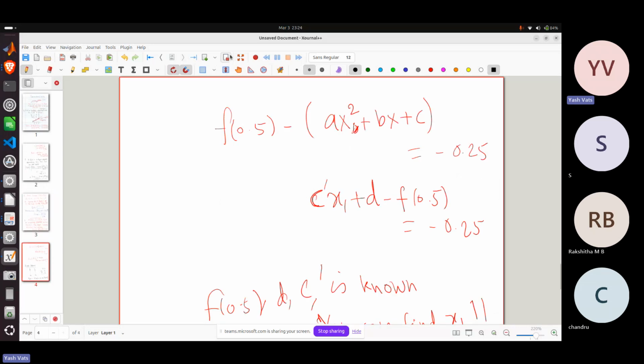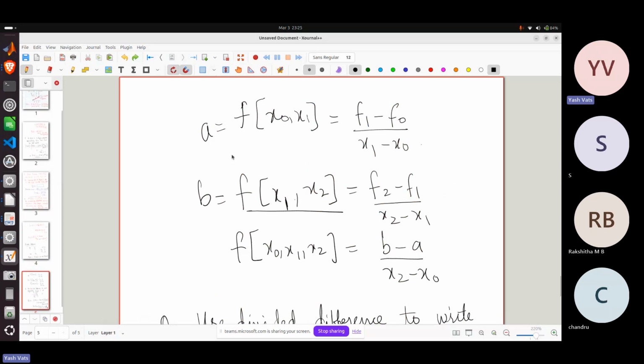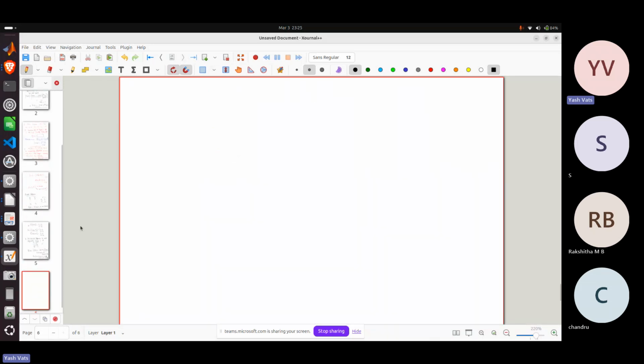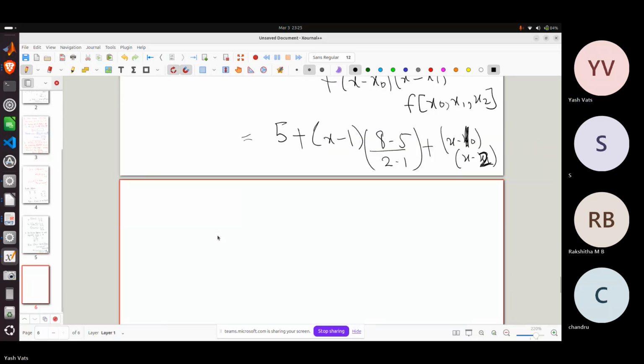Right, then you just do f2 minus f1. So what is f[x1, x2]?